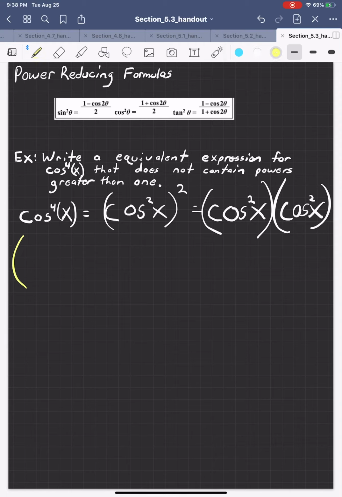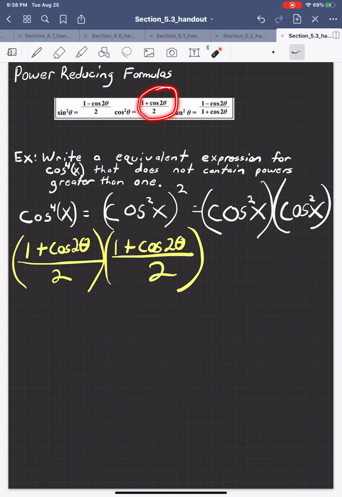So that ends up being (1 plus cosine double theta) over 2 times (1 plus cosine double theta) over 2. All right, so hopefully that made sense. Anywhere I see a cosine squared, I can substitute this power reducing formula, and that's exactly what I did.